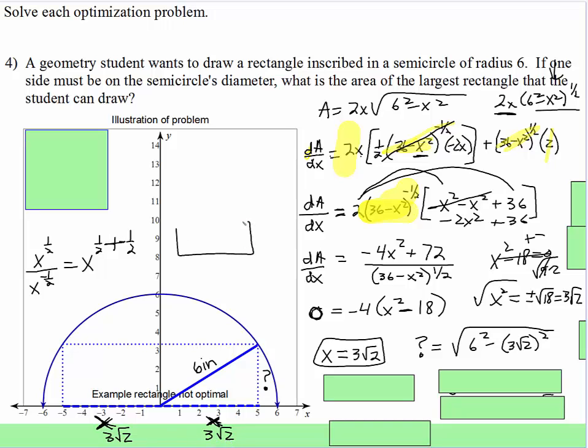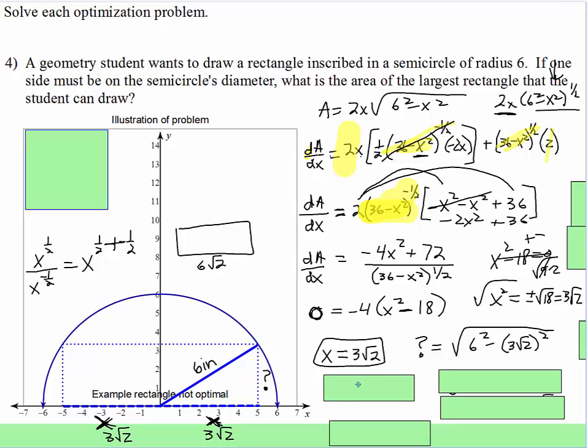So now for the rectangle, the length right here is 6 root 2. And we just can simplify this. 6 squared, subtract, we know what x is now, 3 root 2 squared.